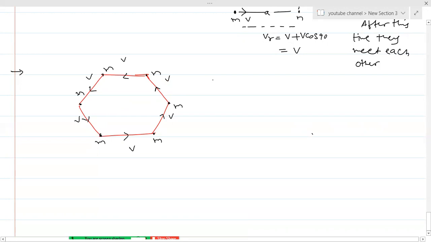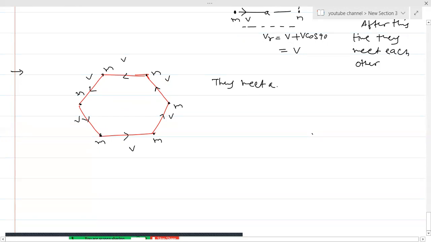When and where do they meet each other? Obviously they meet at the center.